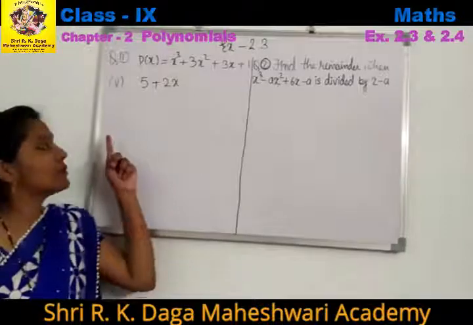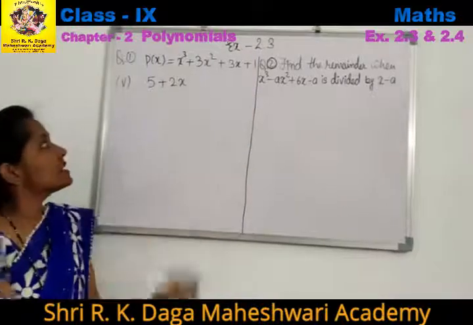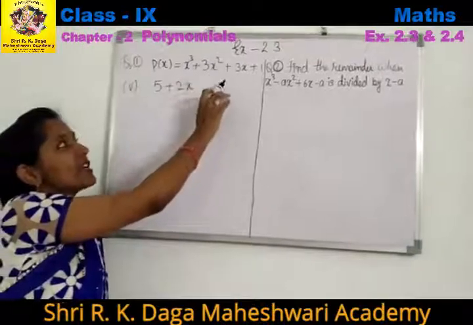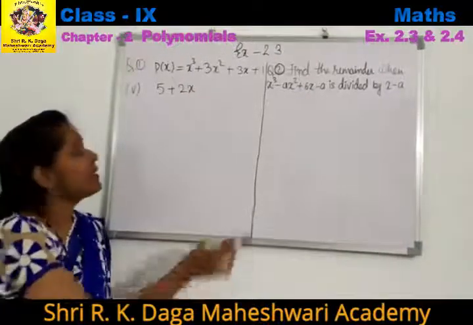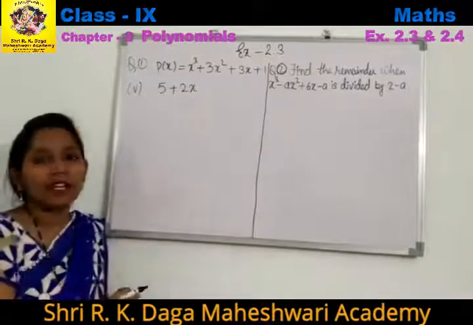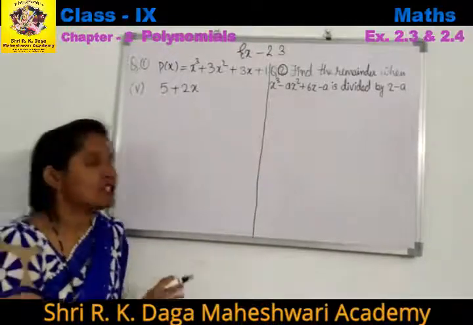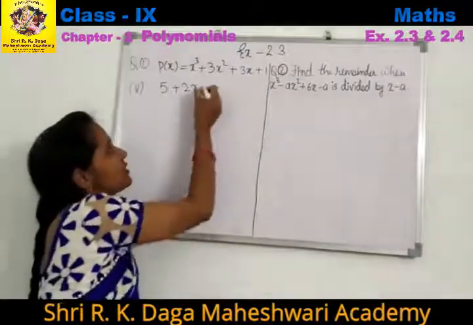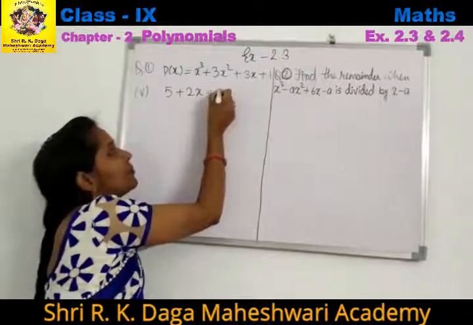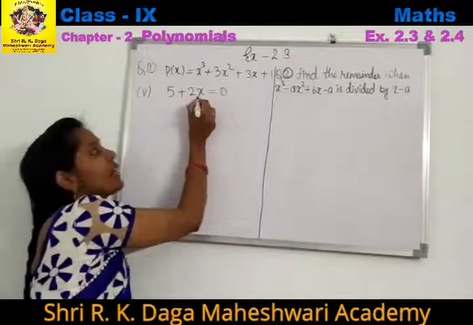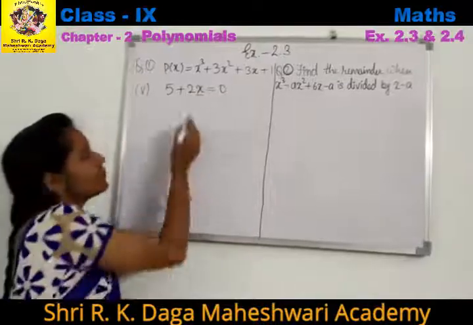Now the fifth part of question 1: we have to divide p of x, that is x cube plus 3x square plus 3x plus 1, by 5 plus 2x, and we have to find the remainder. Just to find the remainder, we will not completely divide these terms. We will put this term equal to 0 and find the value of x.